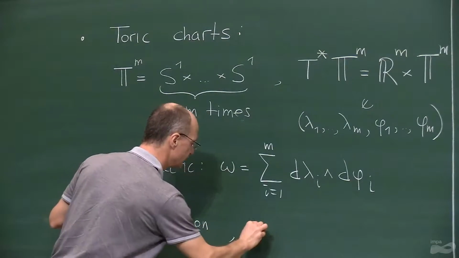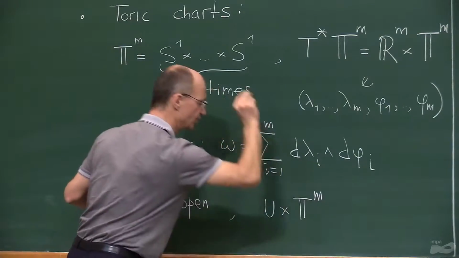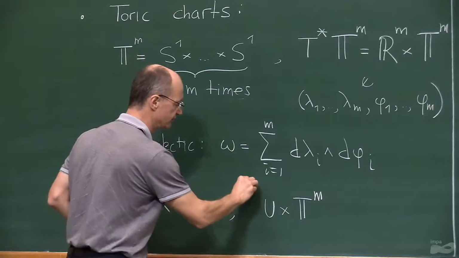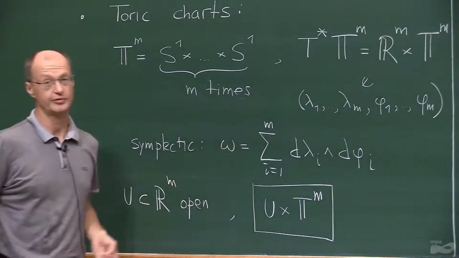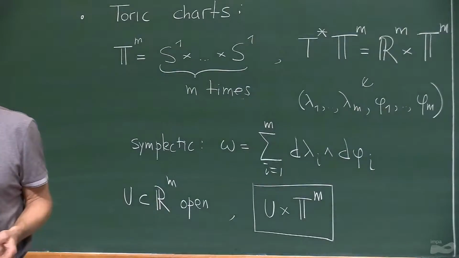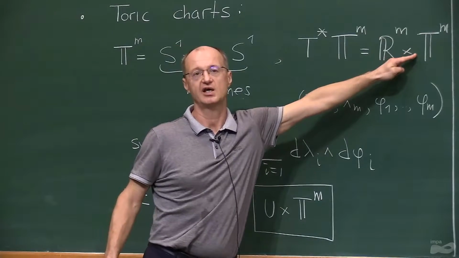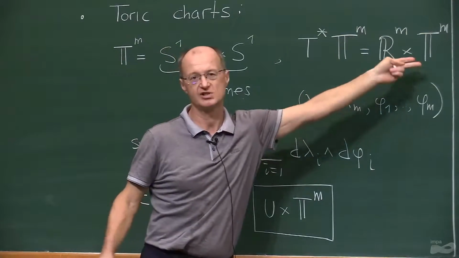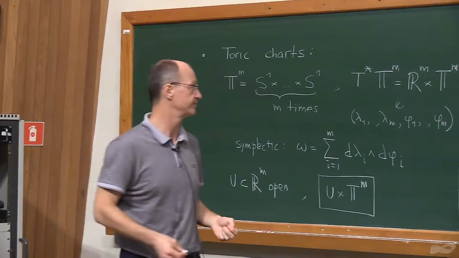Then, of course, U times T^m is still symplectic with the same symplectic form, and this will be our toric chart. So this is essentially like Darboux charts, but half of the variables there are angles, and the other half we usually call actions. So this is some kind of pre-baked action-angle variables.